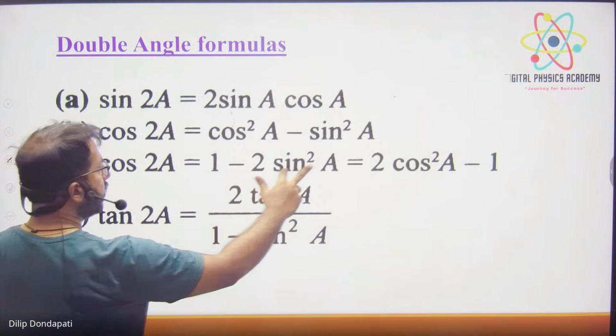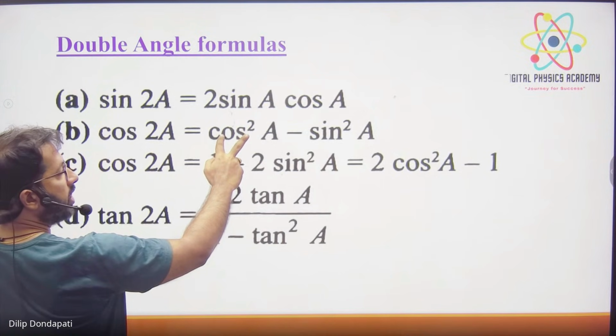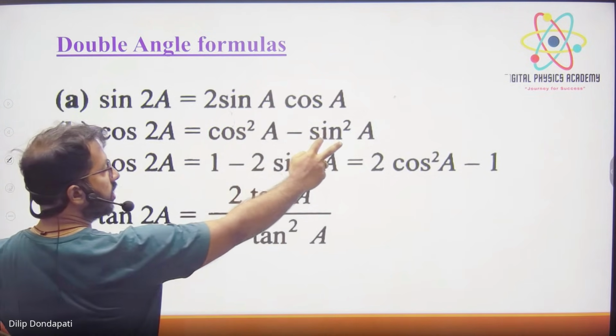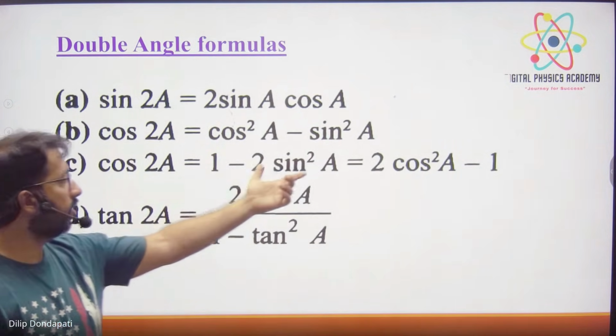These two formulas, how did they come? By using identities only. I converted cos square A as 1 minus sin square A; 1 minus sin square A minus sin square A is 1 minus 2 sin square A. So by using identities, we can get this one. This is important.